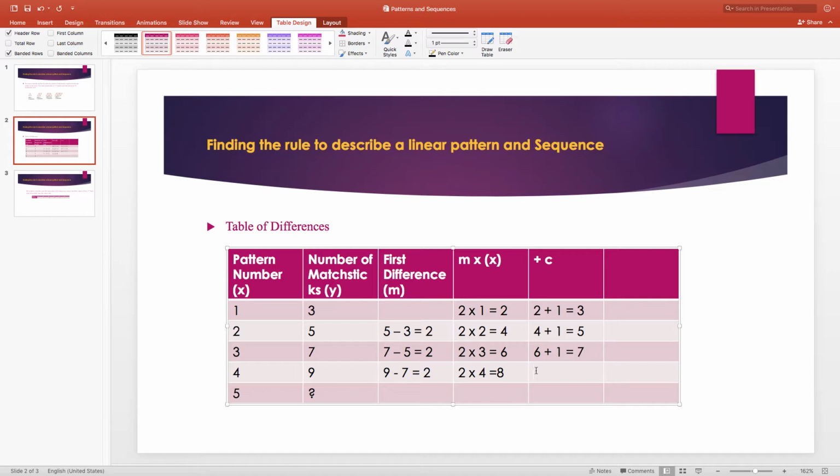And 8 plus 1 equals 9. So my multiplier is going to be 2, and the constant that I add on is going to be 1. And that basically gives me my rule. I can even start: 2 times 5 equals 10, and so there would be 10 plus 1 equals 11 matchsticks in the fifth.